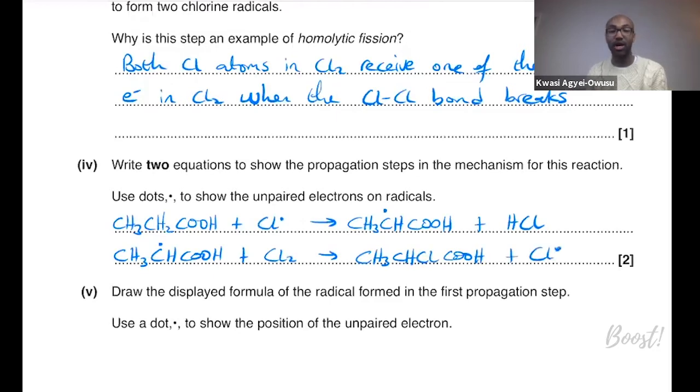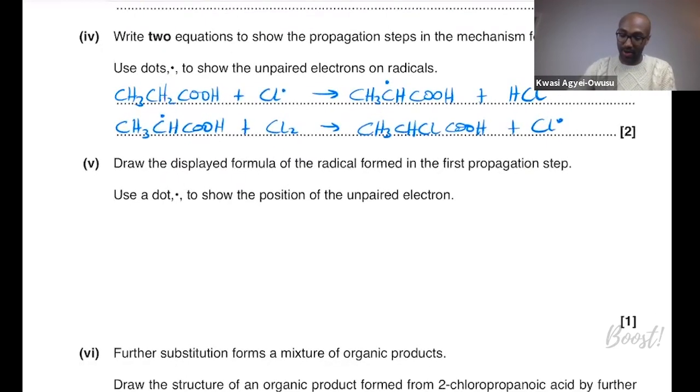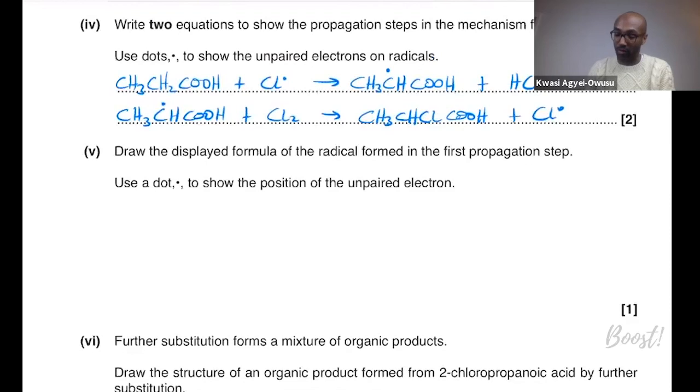So those are the two equations we need to write, and we're then asked to draw the displayed formula of the radical formed in the first propagation step. So if I redraw that, remember it's a displayed formula, so all bonds to atoms must be shown, and we've got C double bond O, and we've got OH.